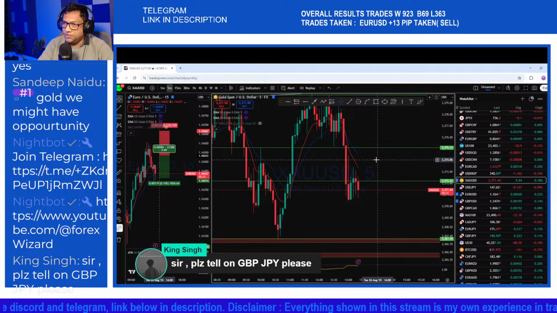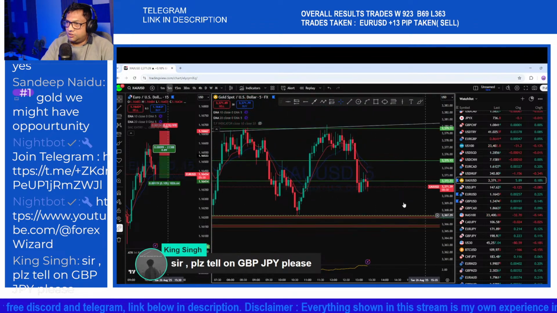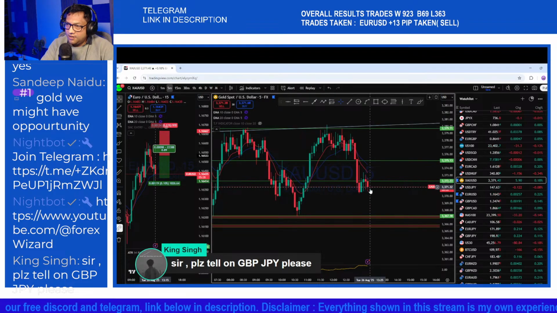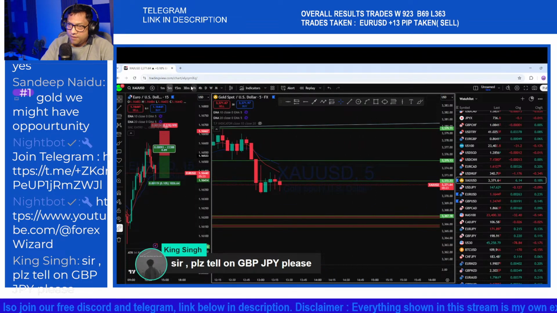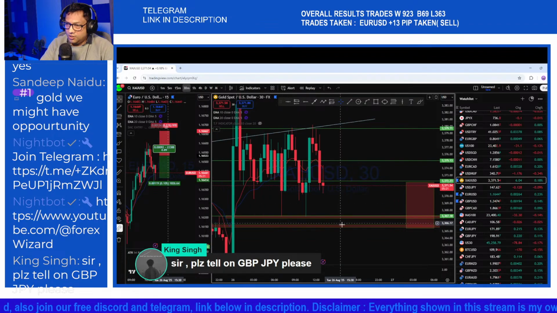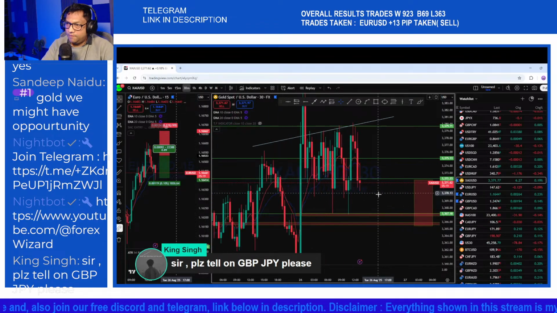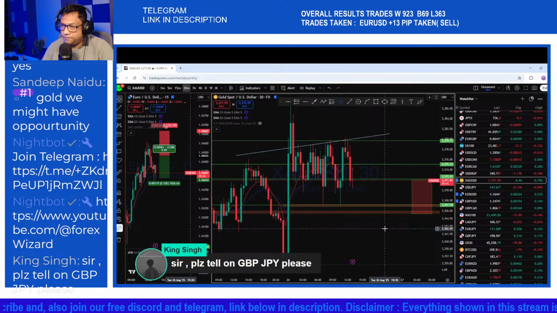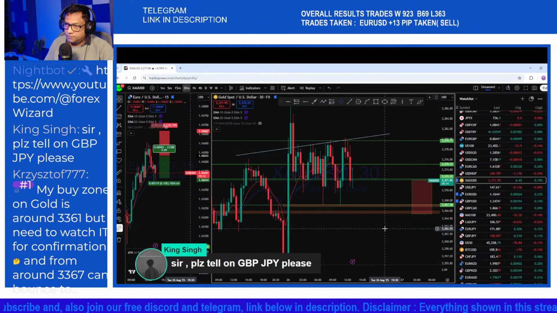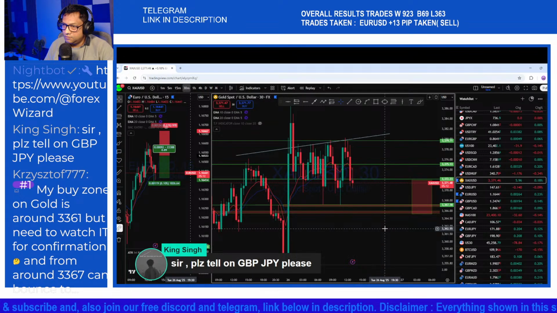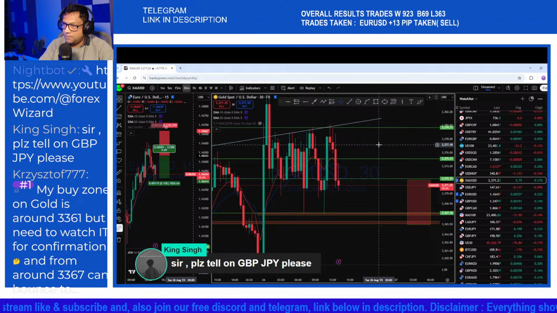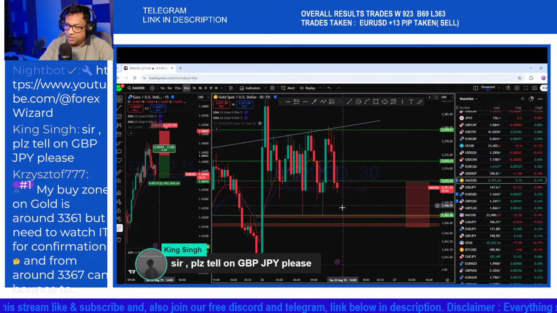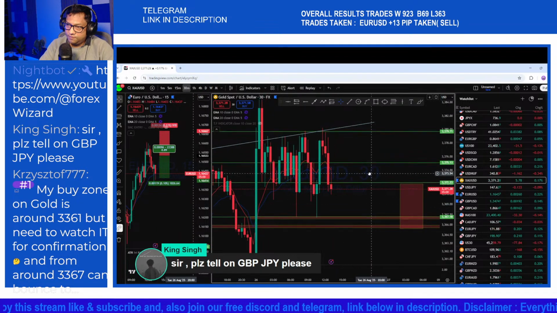From the 5 minutes, you can see it's a breakdown, pullback, another potential breakdown here, possibly coming back below and then to test that support. From this resistance, I'm expecting it to break below to this support level.